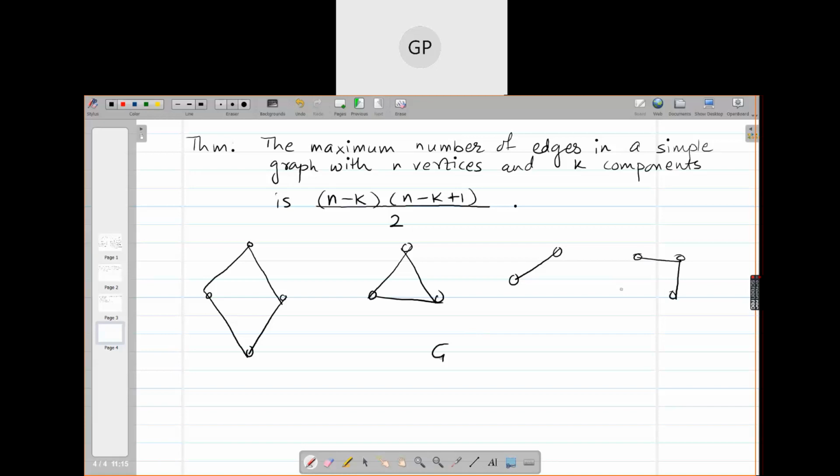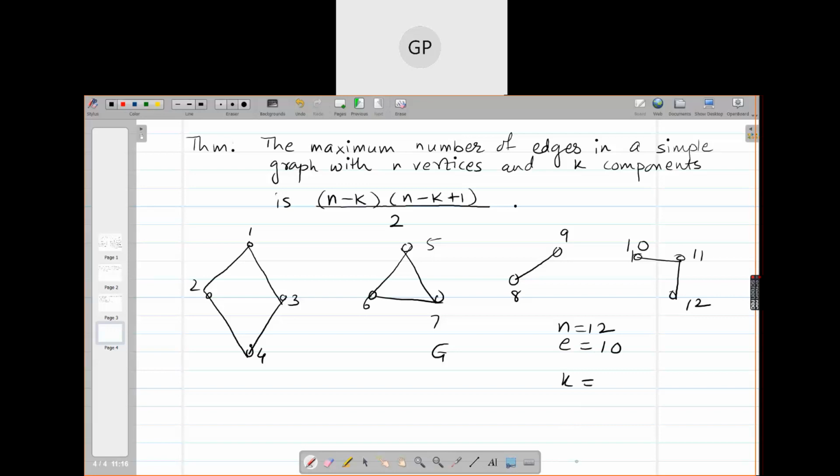It has 12 vertices, so here n is equal to 12. How many edges are there totally? 10 edges. And what is k?